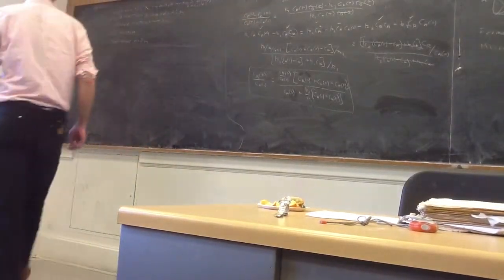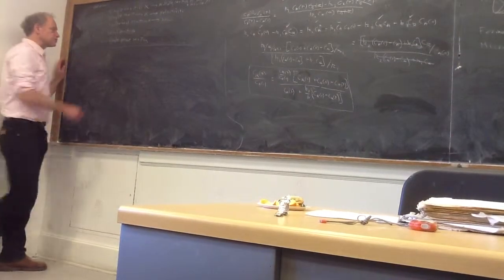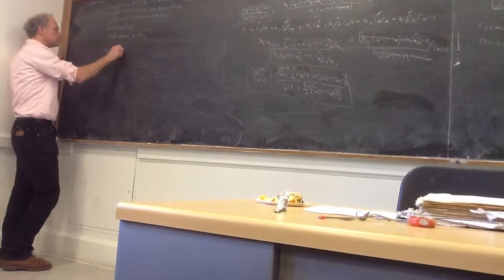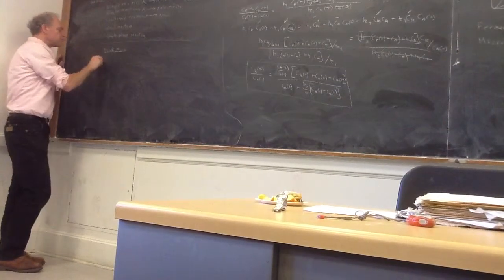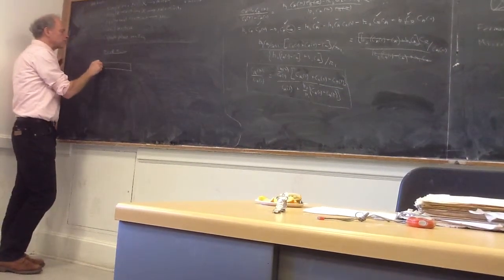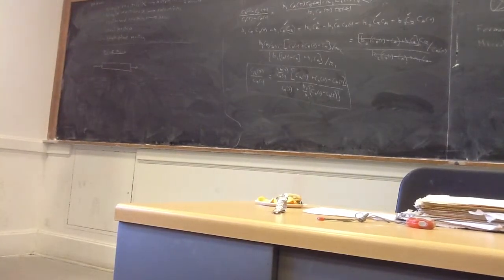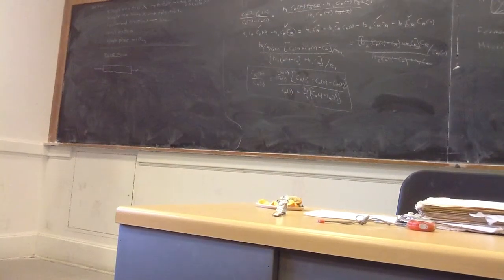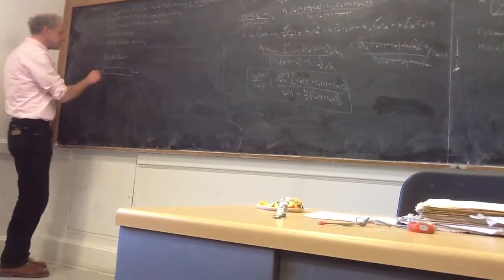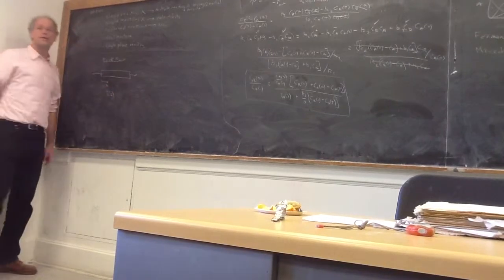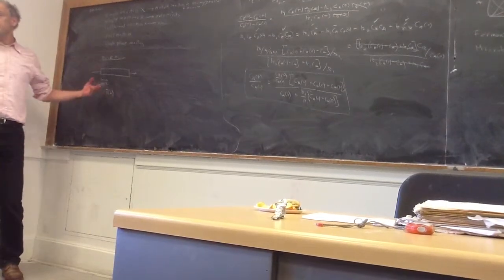So let's say I have a plug flow reactor. In a plug flow reactor, what can I choose the temperature as a function of? Z. So in this case, T might be a function of Z.